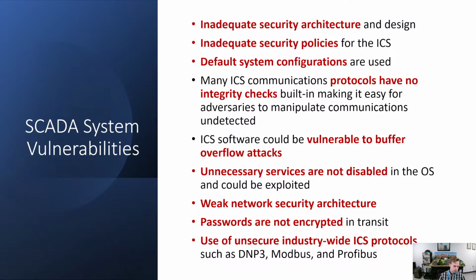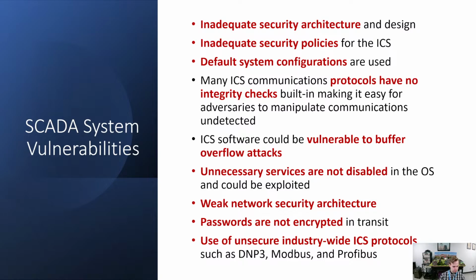There are no integrity checks to make sure that someone or something didn't manipulate communications. These devices could be vulnerable to buffer overflow attacks or any other attack like that. A lot of these devices have unnecessary services that are not disabled, weak network security architecture, and passwords that might not even be encrypted. Again, as we mentioned, there's use of unsecured industrial-wide ICS protocols. We mentioned a couple of those in a previous slide.